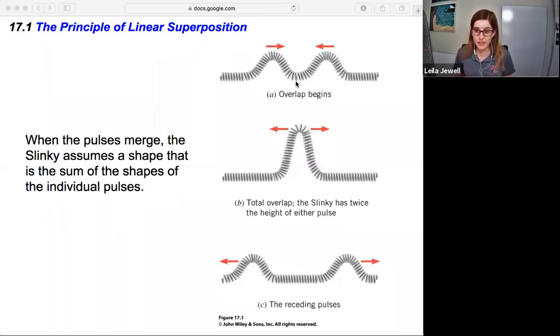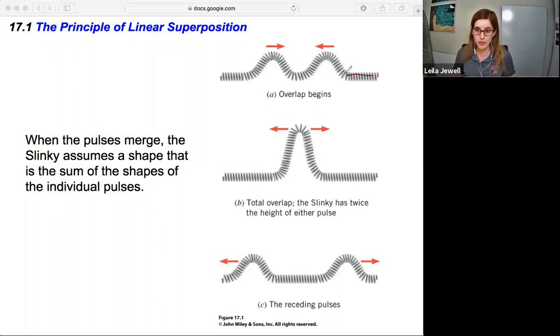The two individual pulses add up to this tall pulse, right? And then amazingly, that mountainous pulse disappears and the individual pulses just keep traveling the way they came, right?